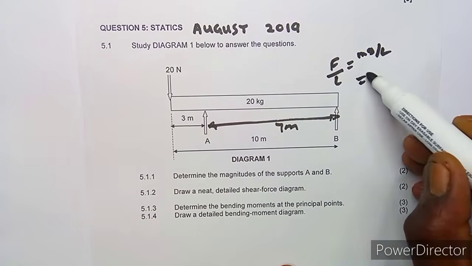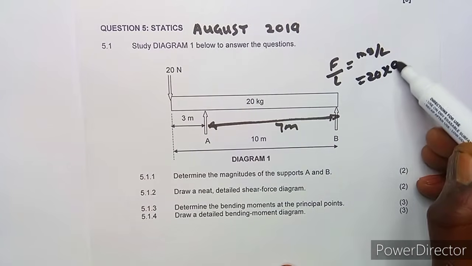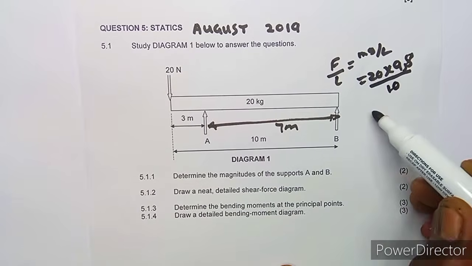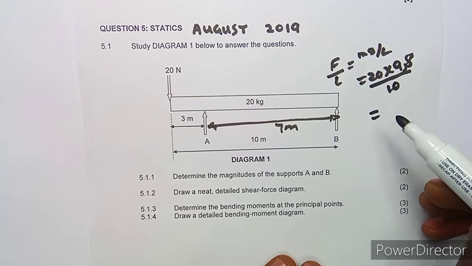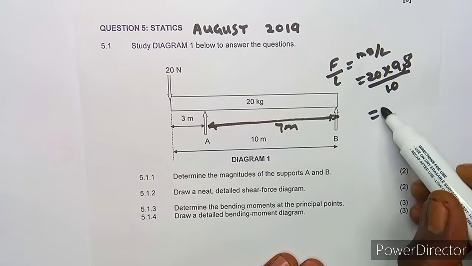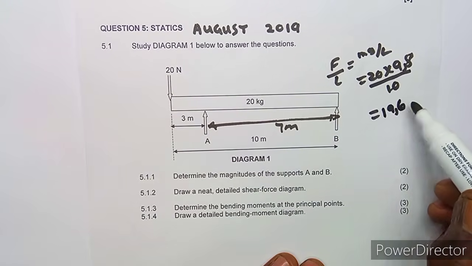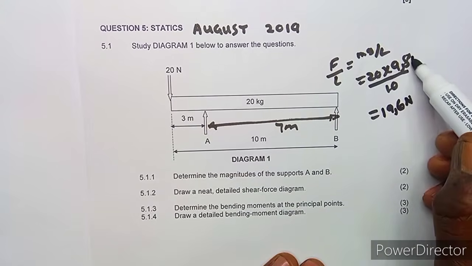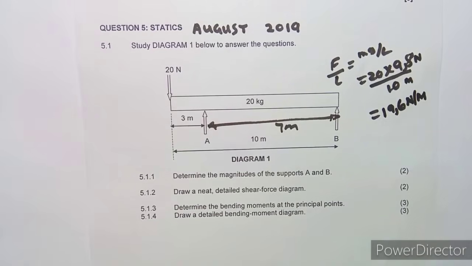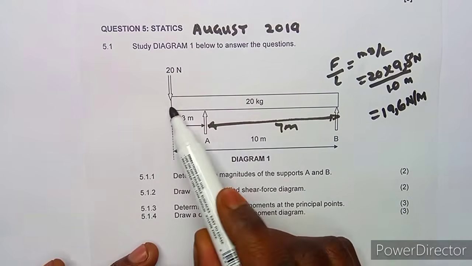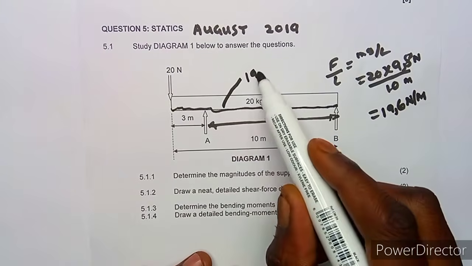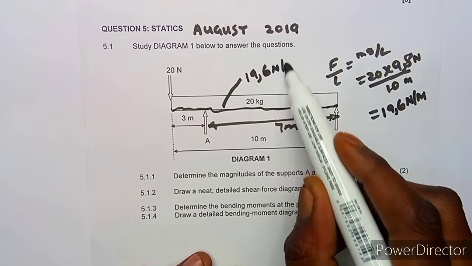The mass is 20 times g, which is 9,8, over the length of 10 meters. This gives us 19,6, which is Newton per meter, because this is Newton and this is in meters. So this is a distributed load of 19,6 Newton per meter.